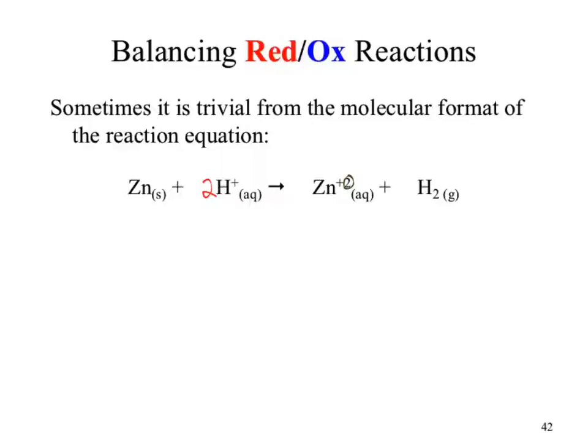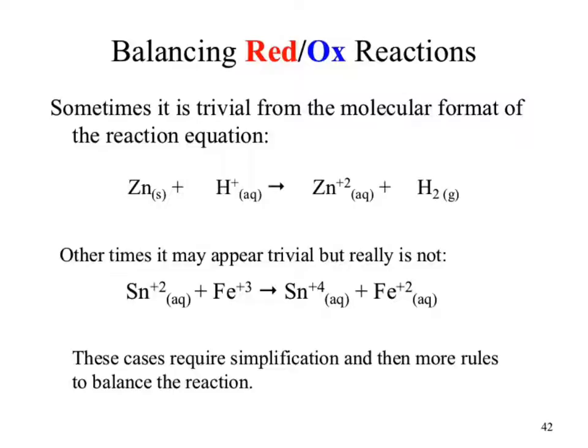Any element in its elemental state has what for an oxidation state? 0. Which then means I look at that element on the other side of the equation. Is it still in its elemental state? No? Redox. All I got to do to identify if it was a redox reaction is find an element in its elemental state. Did it change? That's a big red flag for a redox reaction.